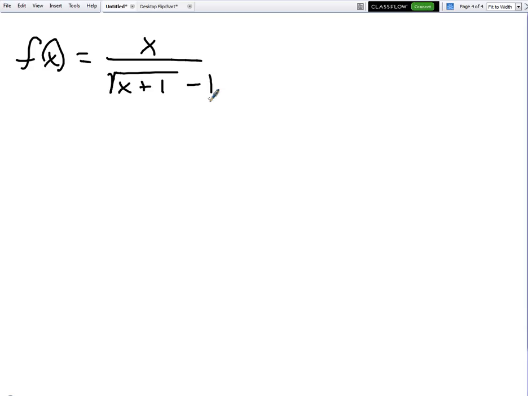He has fallen into some kind of a black hole in this flat world. Any ideas where? What do you think? 0. Yeah, we have a problem at x equals 0, don't we? X equals 0 is the place where we get the no-no of dividing by 0.